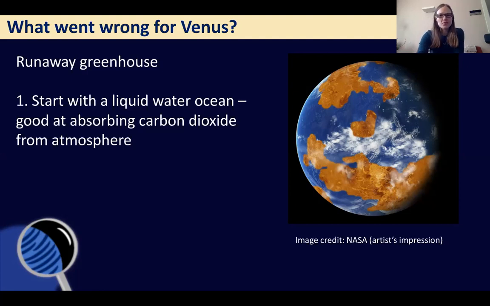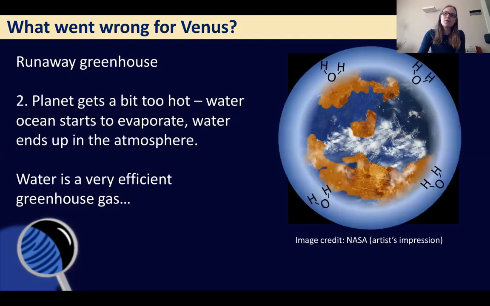So Venus probably started off something like this, but then because it was closer to the sun than Earth and did have that little bit of extra radiation, it got just a tiny little bit too hot. So the ocean started to evaporate and the water ended up as a gas in the atmosphere. Now, gaseous water is actually an extremely efficient greenhouse gas.